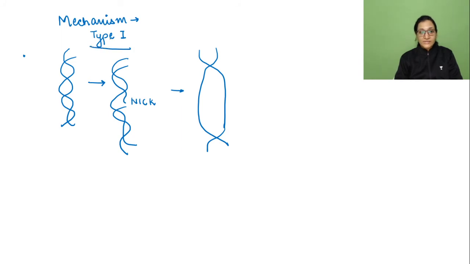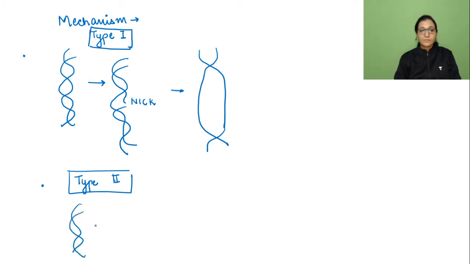This is how it has released the strain by type 1. Now talking about type 2, let us make a double-stranded DNA. It will perform cuts in both of these strands like this. After that, it is going to rotate the strand and reseal them. This is how type 2 performs.